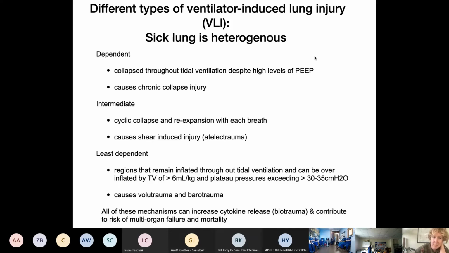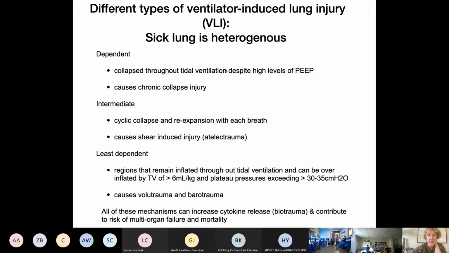Those intermediate parts of lung which are inflated during each breath but collapse during exhalation, that cyclic collapse and re-expansion causes a shear injury, an atelectrauma.